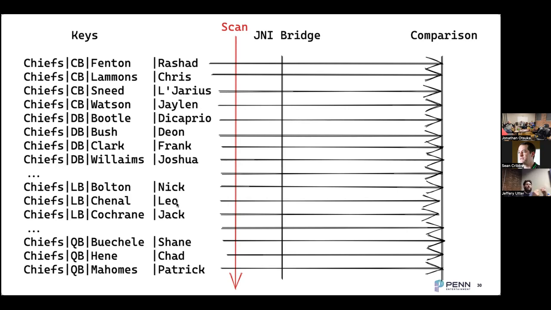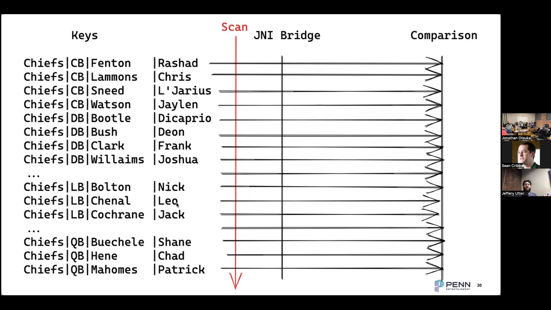So you're like, give me the first key, okay, and then it's like, oh wait, this one doesn't match, so give me the next one, or it does match, so give me the next one, and keep giving me keys, and then it'll filter out the ones that don't match defensive back or quarterback. But there's a big penalty for moving data out of C++ RocksDB and into Java if you don't need to.